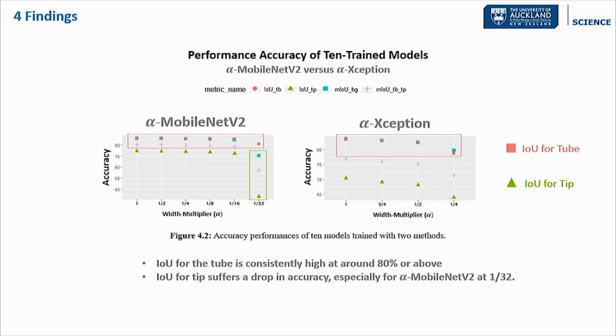We observed that when alpha was reduced to 1/32, it showed a different pattern than the previous models. That's an interesting observation, which is also the reason I put it here. But we didn't take further steps to dig into the reason behind it. Thank you for asking this.